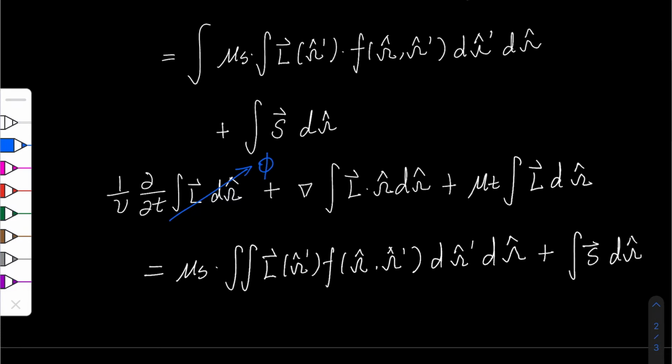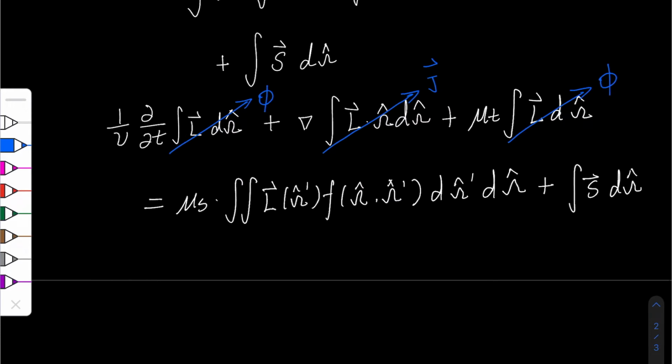The next term, the integral of L times omega hat over omega hat, is defined as the photon flux J. The next term should be phi. And for the last term, in the same way, the integral of S over omega hat should be S0.